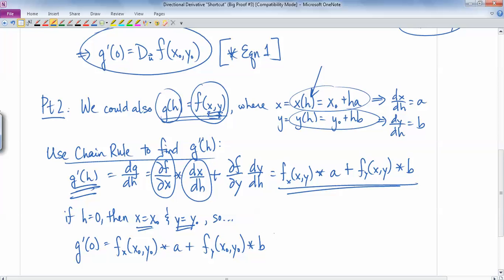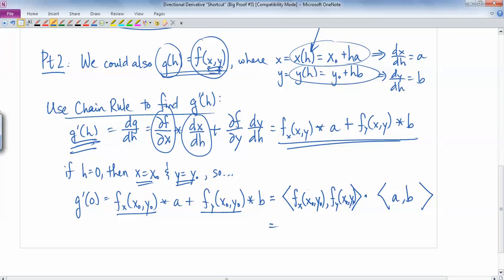And this we can write as a dot product. Something dot something else. So it would be the first terms of each, f sub x at x naught, y naught, comma f sub y at x naught, y naught, dot a, b.